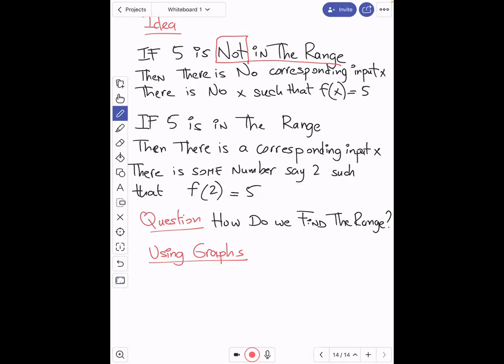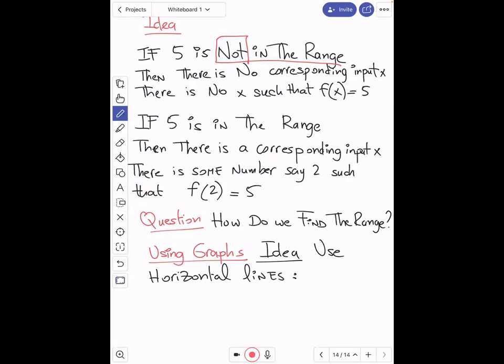Now for the range, you can probably guess that I'm going to use horizontal lines. So what do I mean by using horizontal lines?